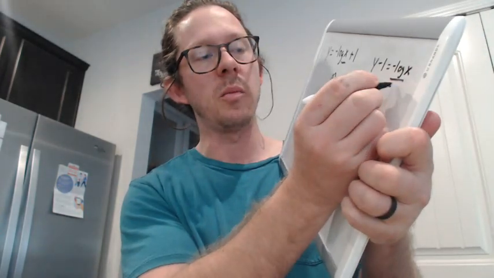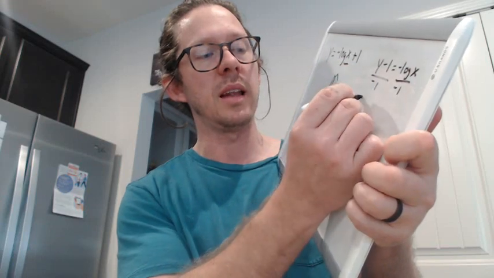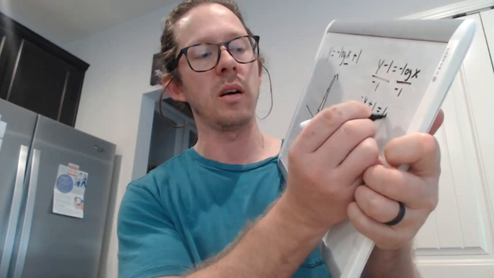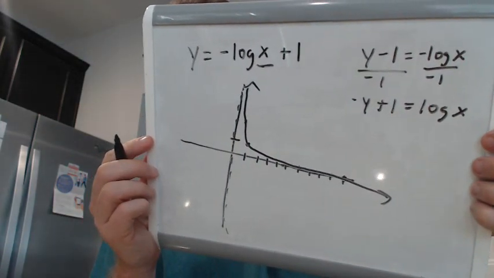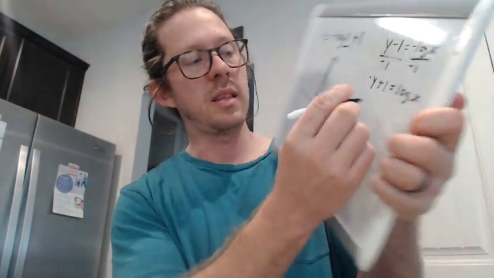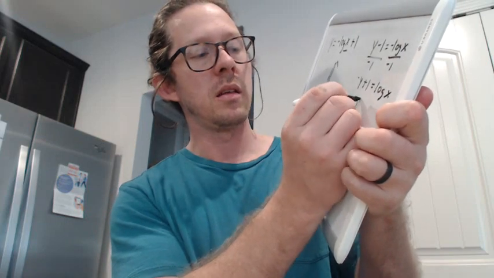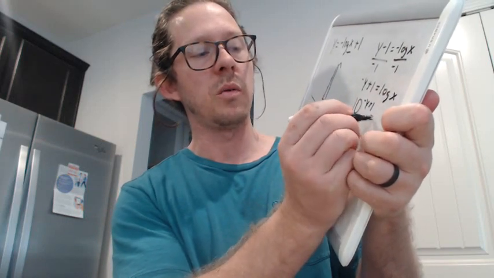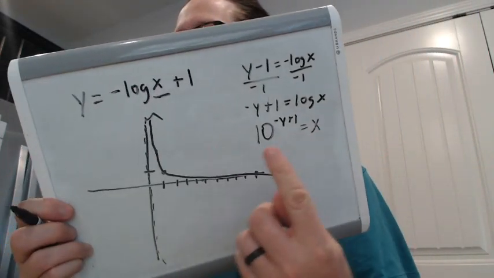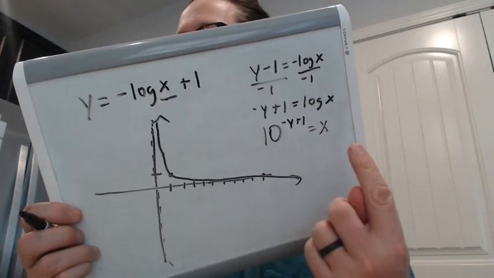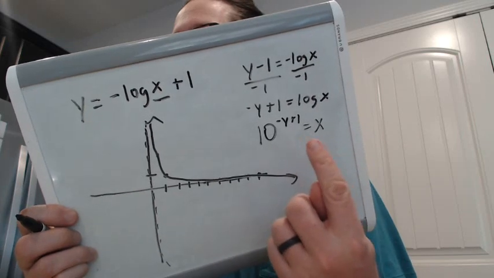So you get negative y plus 1 equals log x. And then you could simply change that into exponential. So the base here is 10 to the negative y plus 1 equals x. You might say, well, why am I doing that again? Well, this way you could just simply plug in y's and get out x's, right? Plug in a y, get out an x.